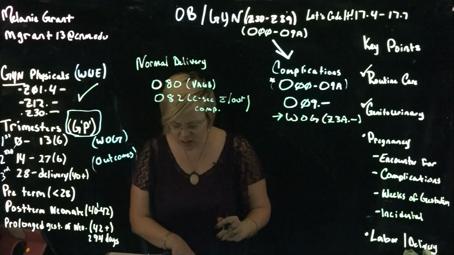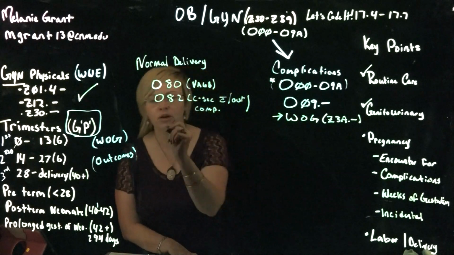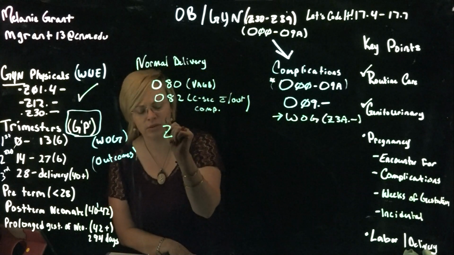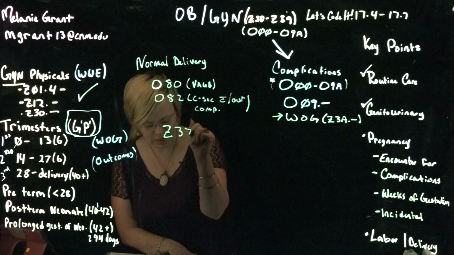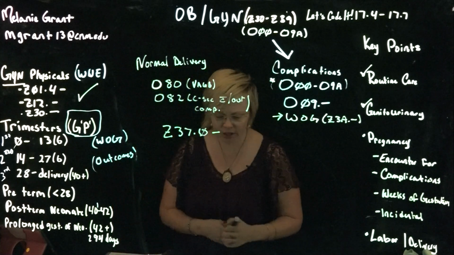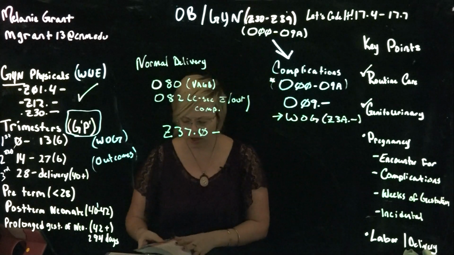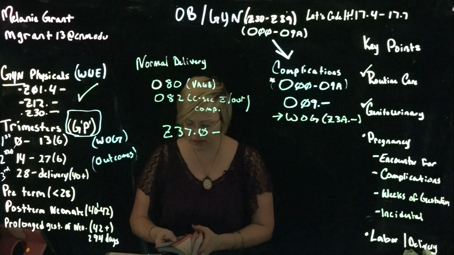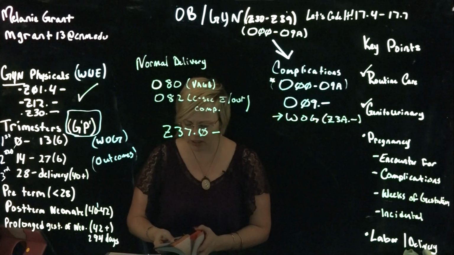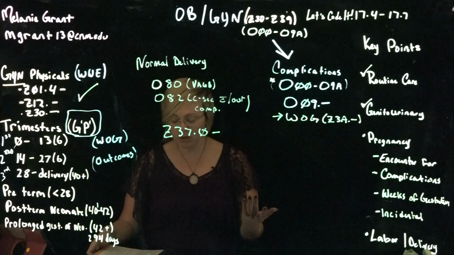Okay? And in addition to this, you're also going to need to code the outcome of the delivery, which we go back to our Z codes here under Z37.0. Okay? So Z37.0, let's take a look at that for a second. Your Z37 is the category we're going to be looking at when we're identifying the outcome of delivery, so what was born.